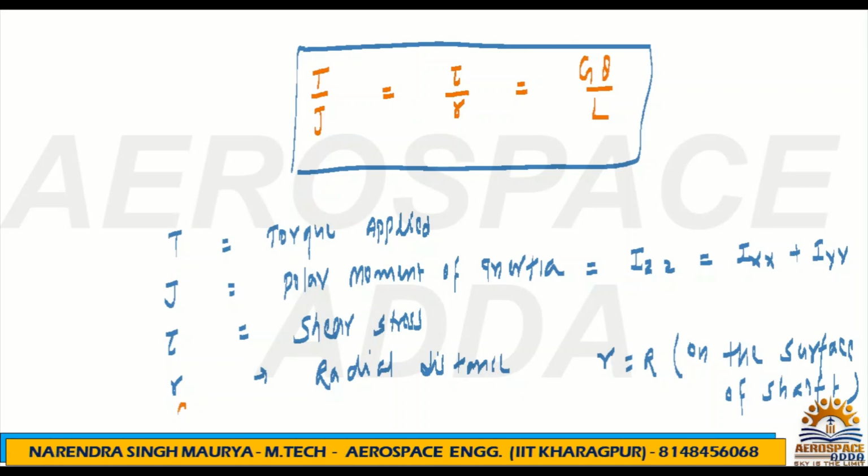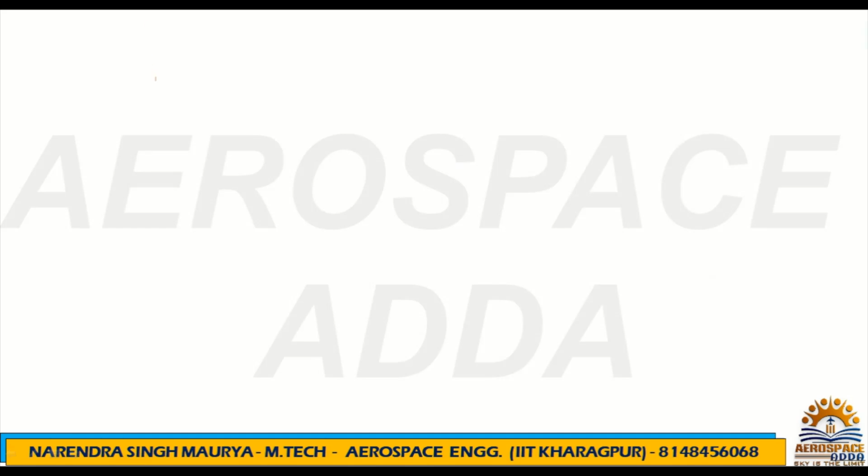G is nothing but modulus of rigidity. Theta is the twisting angle, also called the angle of twist.